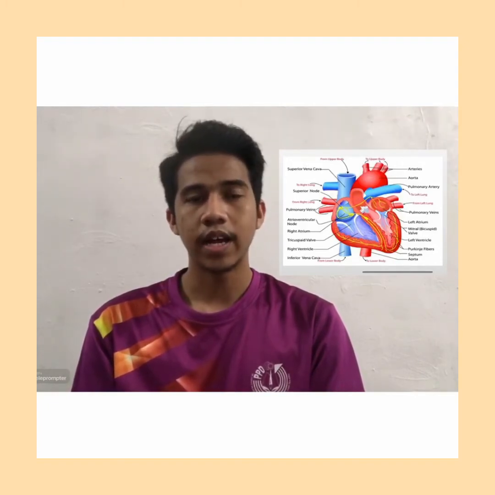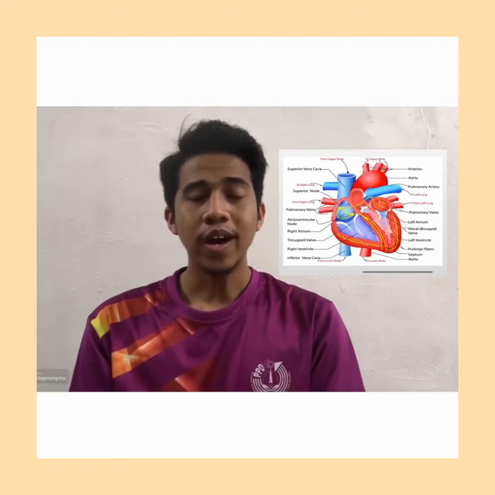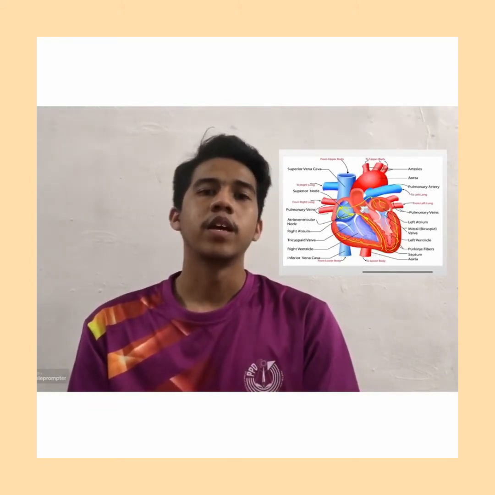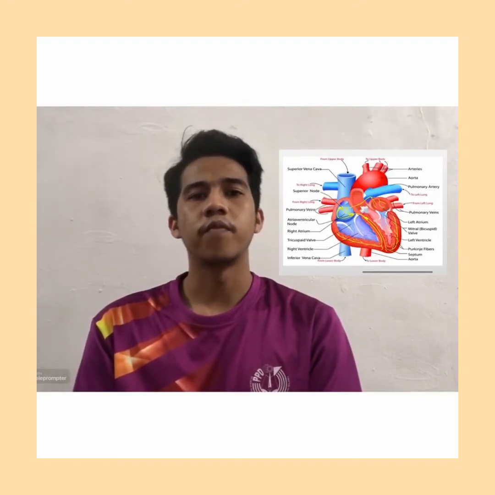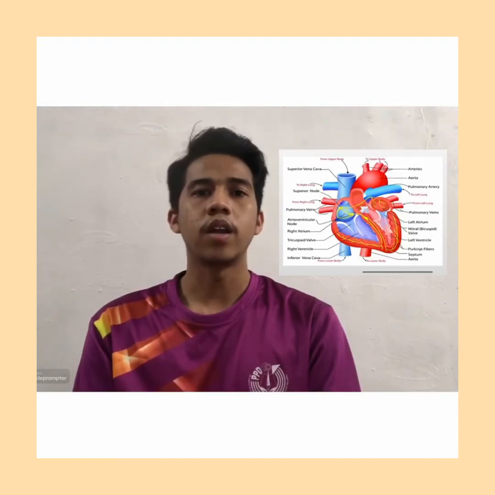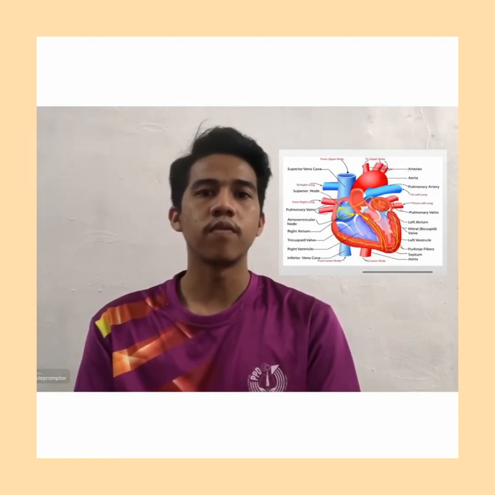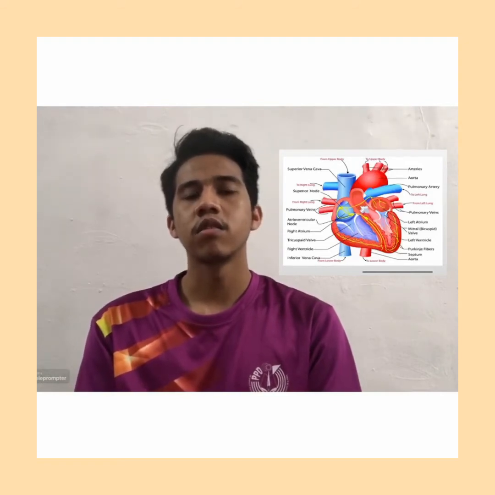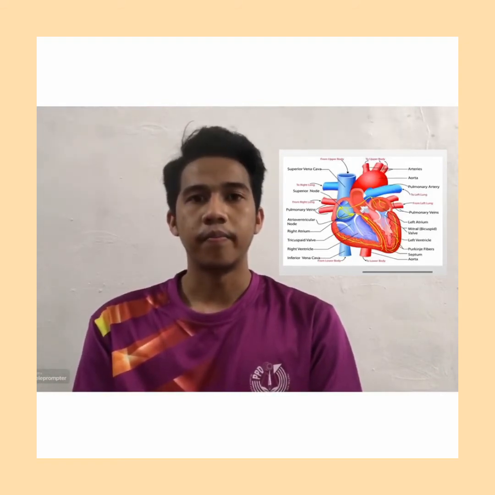Third, the right atrium. What is the right atrium? The right atrium is the first chamber of the heart to receive systemic blood from the body that is deoxygenated and high in carbon dioxide, and the first chamber to receive oxygenated blood coming back from the lungs is the left atrium.